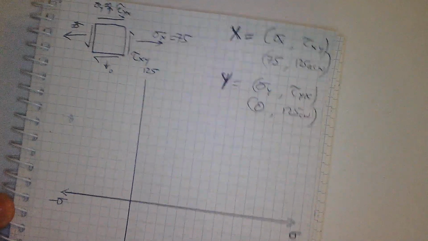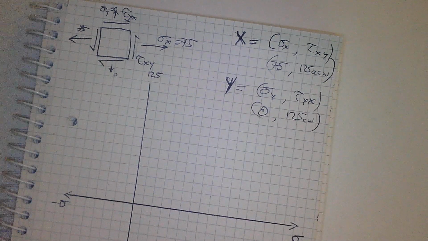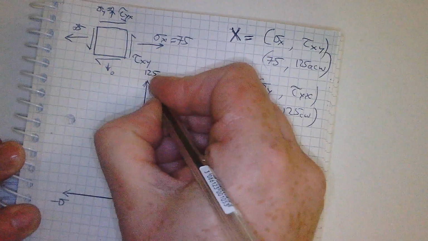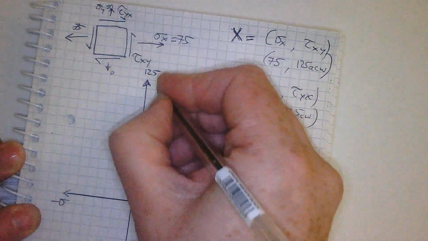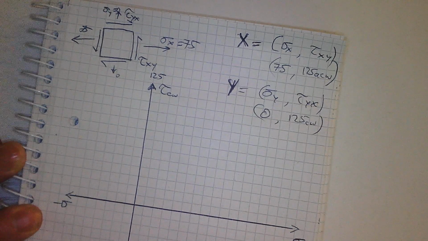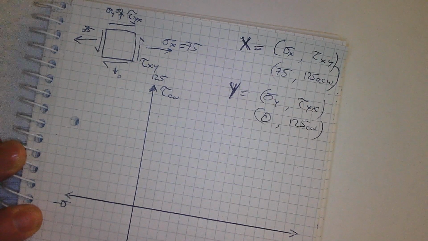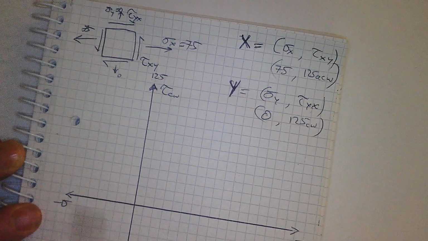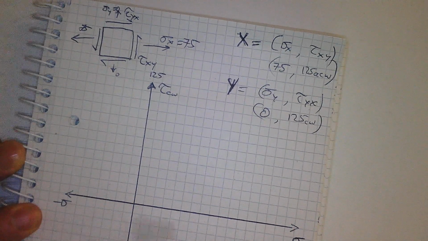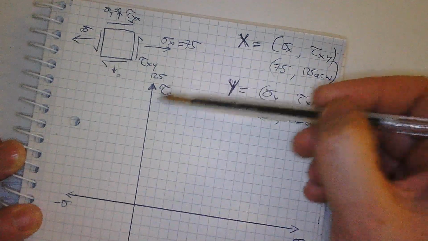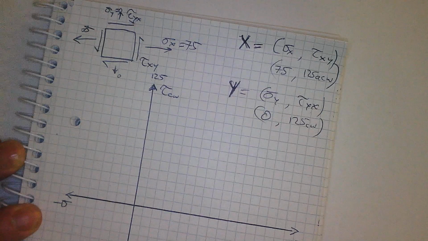Okay, and again, different people do this slightly different. The way I do this is the vertical axis here is clockwise shear, tau clockwise, and down this way is anti-clockwise shear, tau ACW. Okay, so your axes, horizontal axis is normal stress, vertical axis is shear stress, with positive here being clockwise and negative is anti-clockwise.